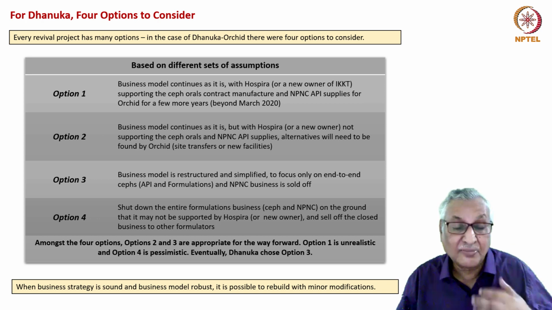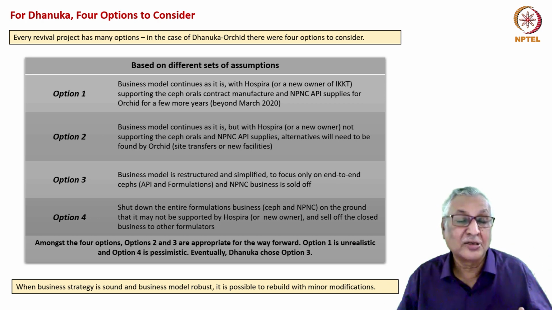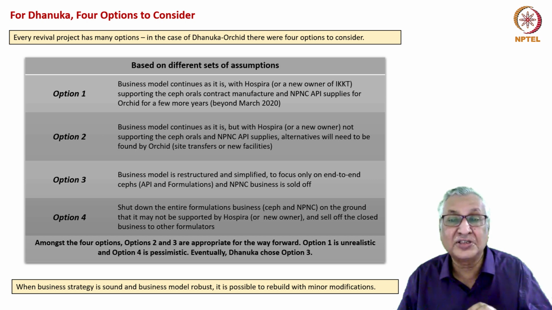However, as Dhanuka planned its business model before coming into Orchid, it had four options to consider. Again, this is my estimation, not the true understanding of the facts of the case. Option 1, business model continues as it is with a new owner for the other IKKT facilities or Aurangabad facilities supporting continued oral CEFs and continued NPNC APA supplies.